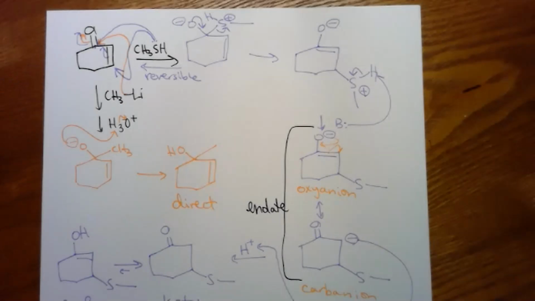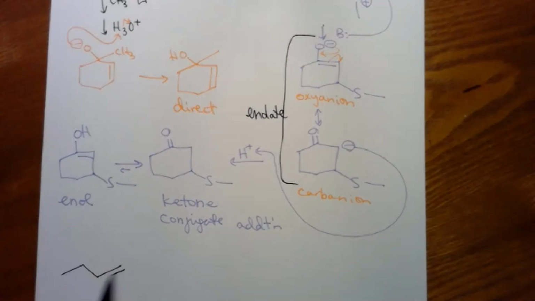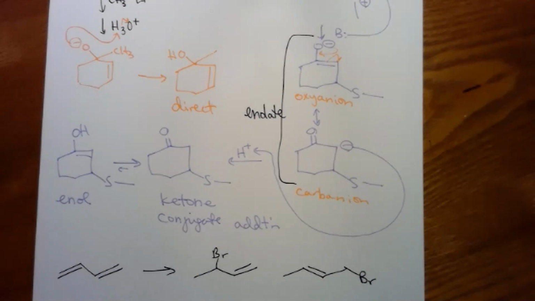Why? If you remember from that last set of slides, that last couple of pictures I showed, we said the thermodynamic product is the more stable product. This alkene is di-substituted, so it's more stable because it's di-substituted. This one is a mono-substituted alkene.